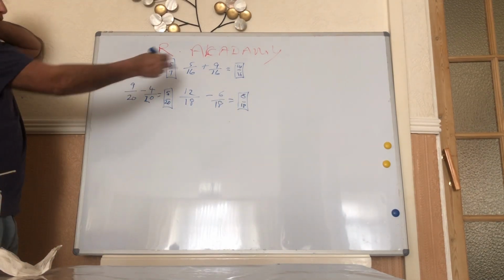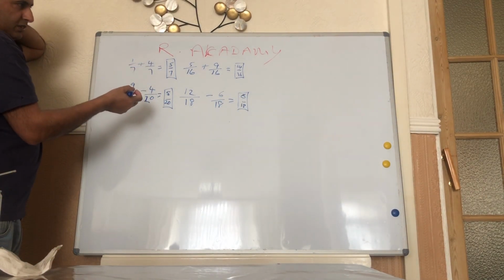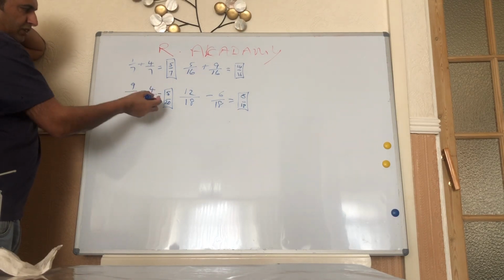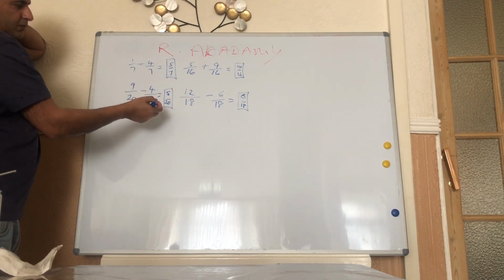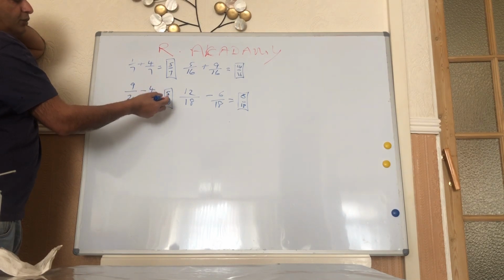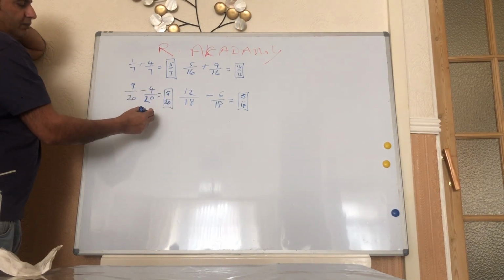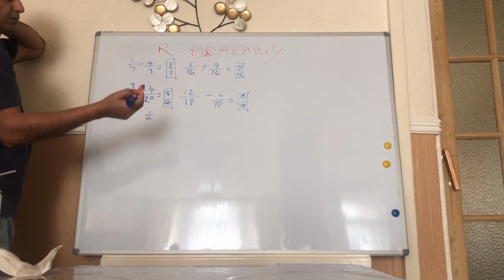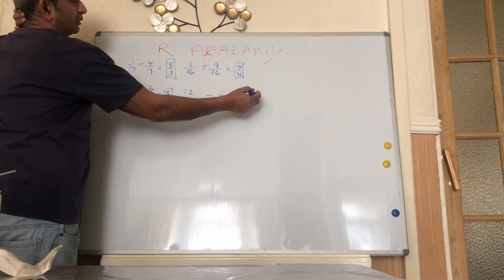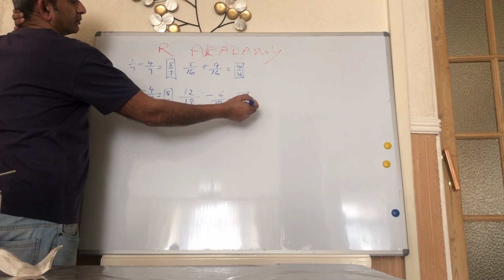Okay, you can simplify these, some of them, especially these two. So like that one would be 1/4 if you wanted to simplify it, and that one would be 1/3.